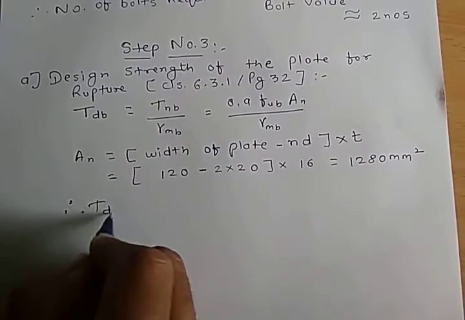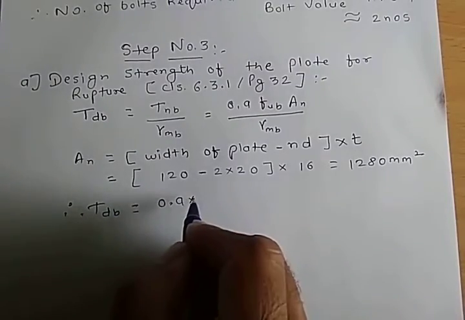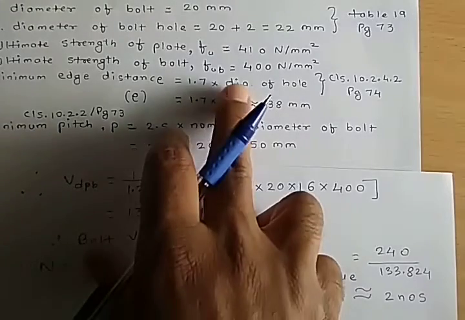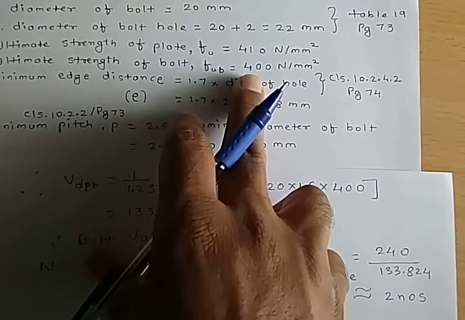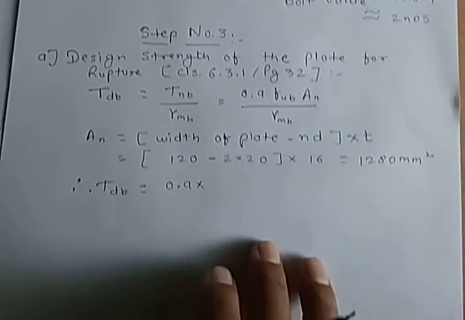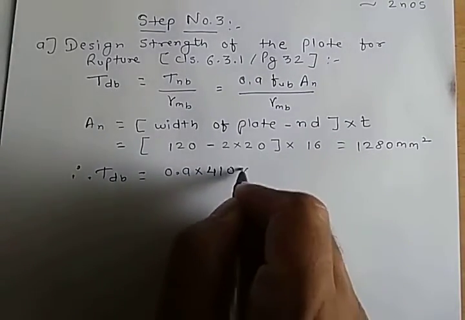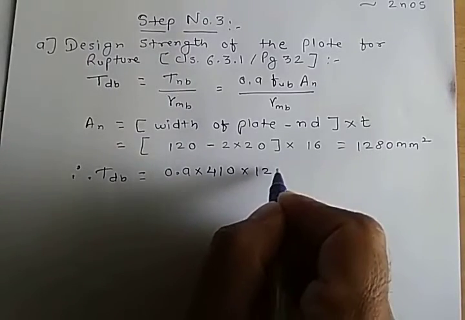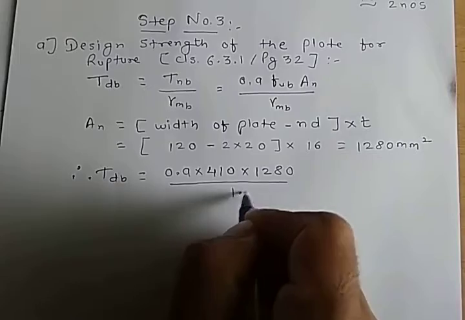So TDB would equal 0.9 times FUB, which you got earlier, that is 400, and Fu for the plate is 410. Though FUB is given, we need to consider Fu for the plate. That equals 410 multiplied by 1280 and divided by 1.25.